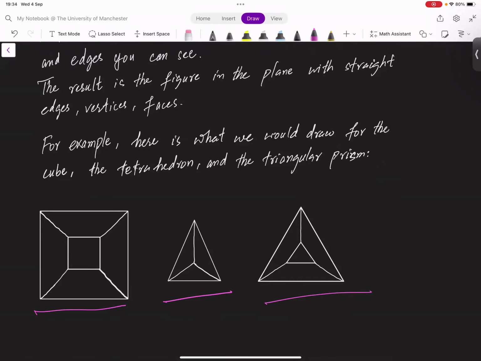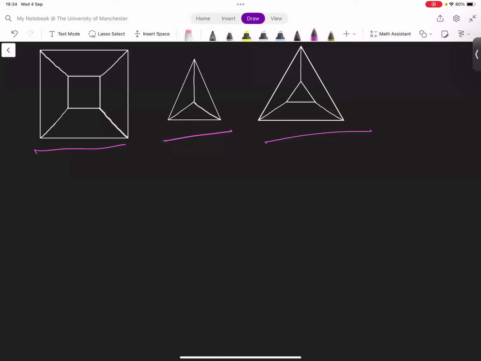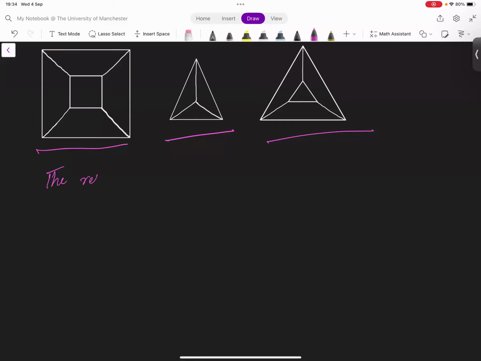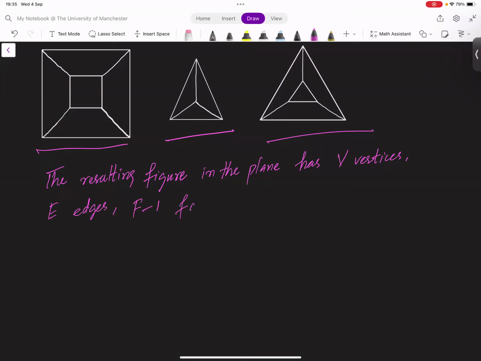So the resulting figure in the plane has V vertices, E edges, and F minus 1 faces.